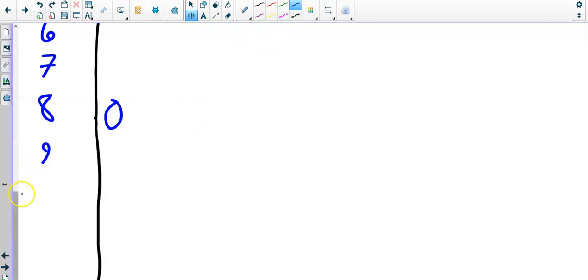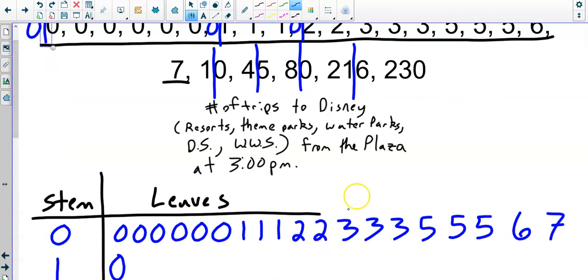But I will go 9, 10, 11, and I keep going until I get to 21, where I will put a 6 right here. And then the last stem that you will have to worry about, cut it, is going out to 23. And then you'll put a 0 on there. Okay? That's how a stem and leaf plot is made.